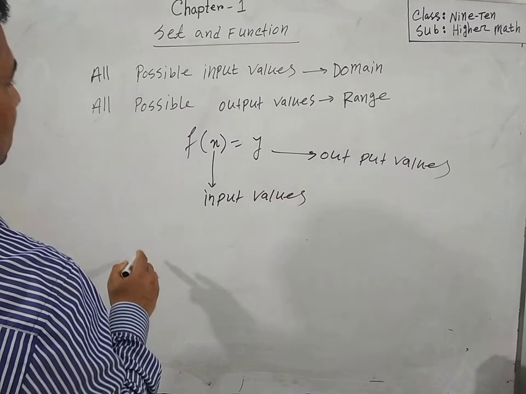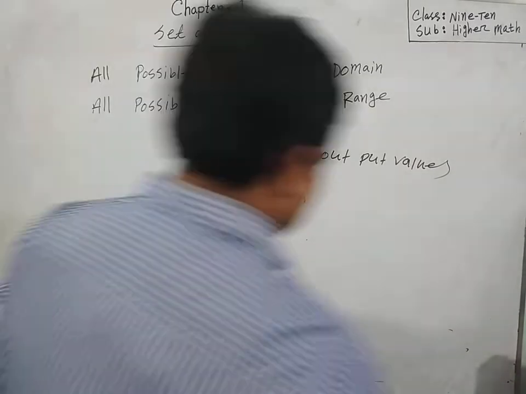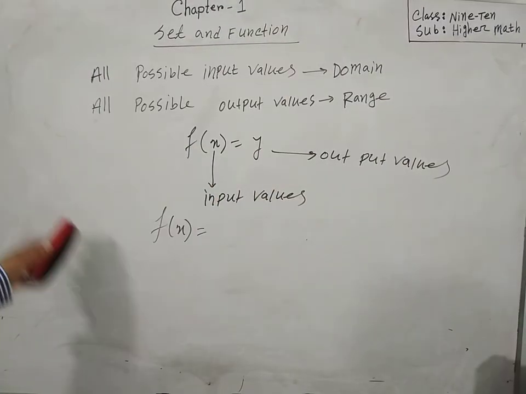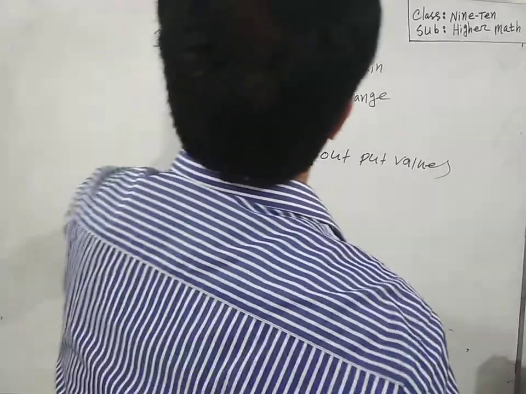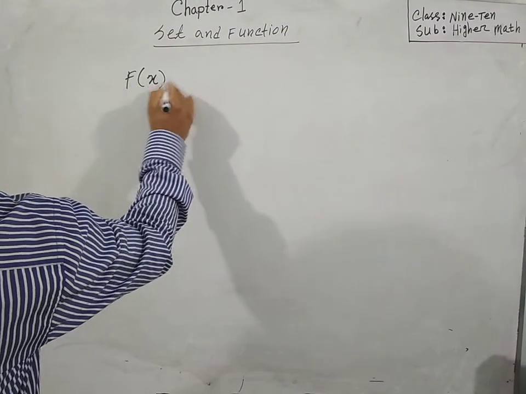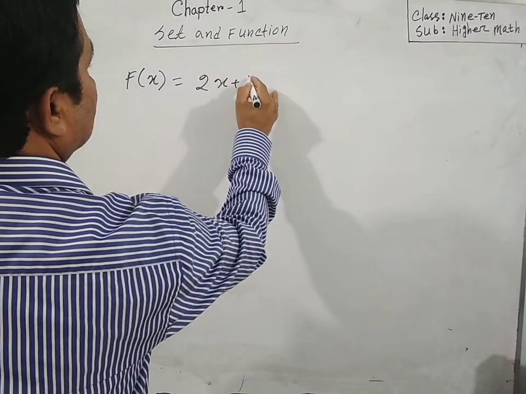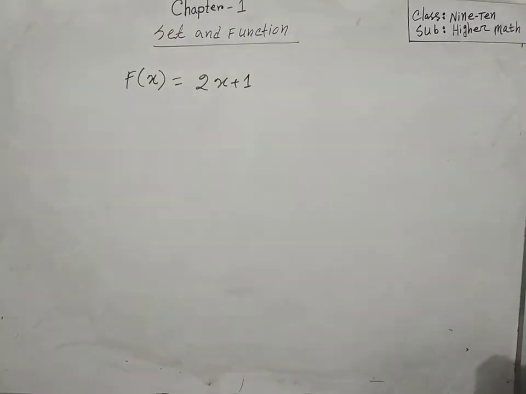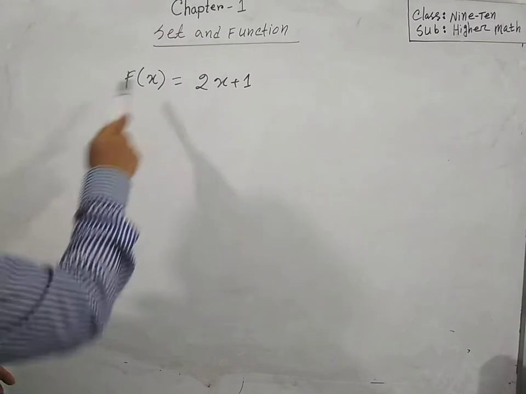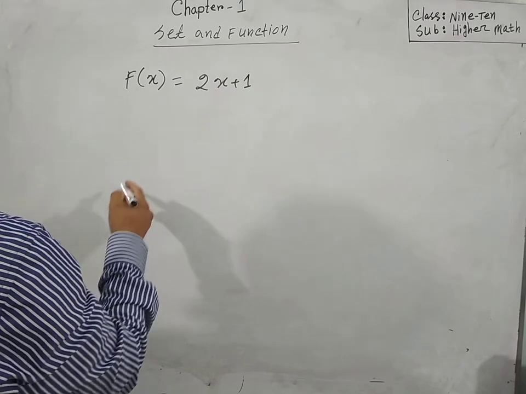For example, f of x equals 2x plus 1. Here the value of x is true for all values of x, so you can write any real value.